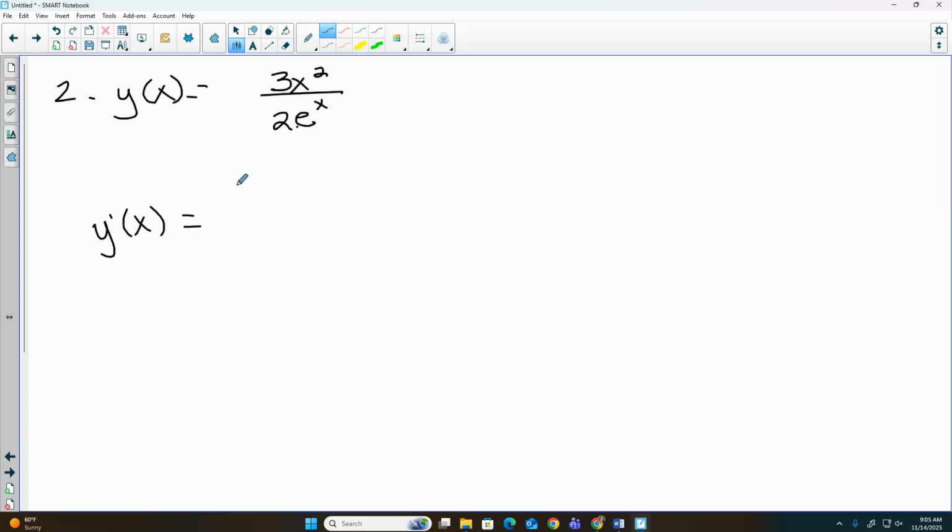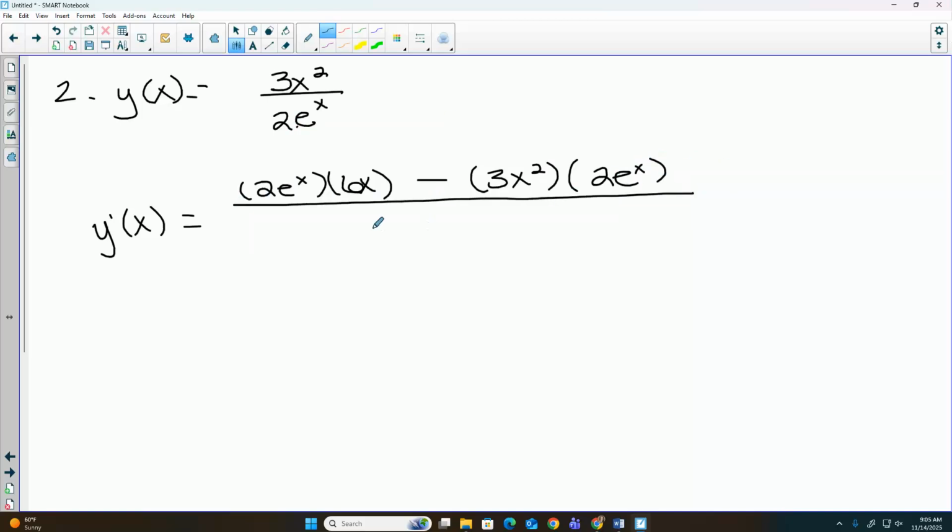So quotient rule is low, d high, derivative of the top is 6x, minus high, d low. Okay, the 2 is just a coefficient, it stays. What's the derivative of e to the x? Over low squared.